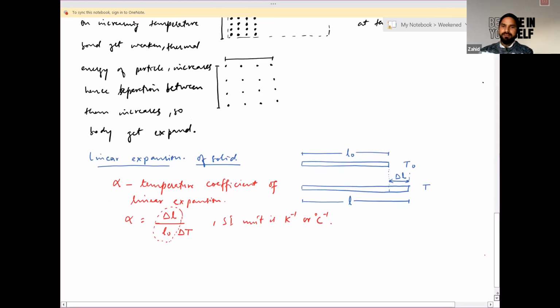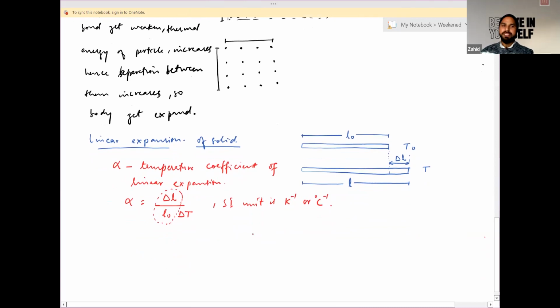So this alpha, the temperature coefficient of linear expansion, simply defines at what rate the length of this particular solid will increase or decrease related to change in temperature.